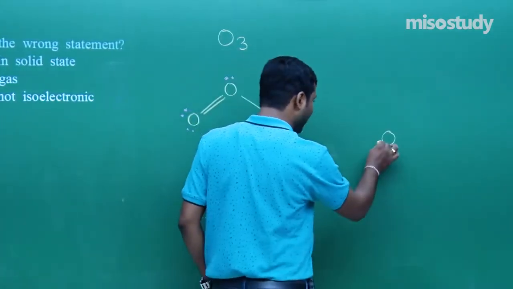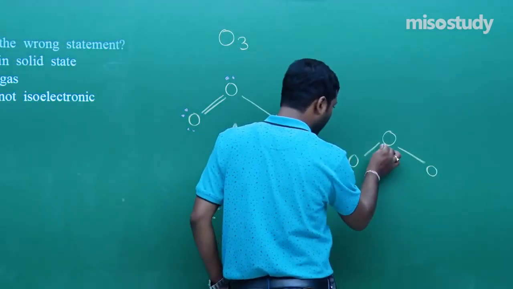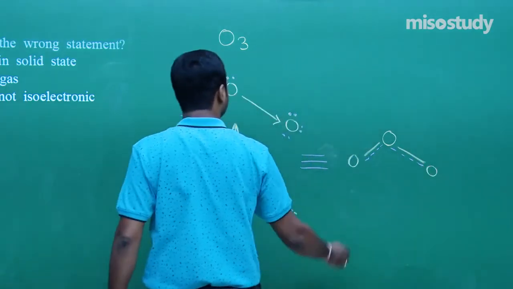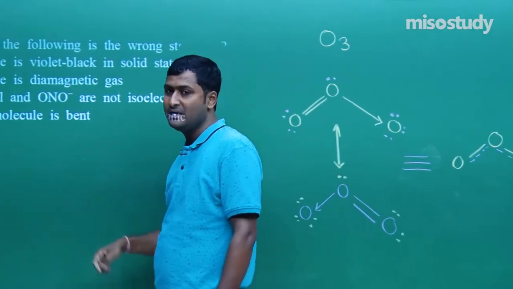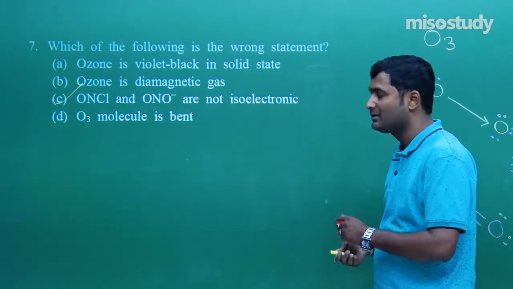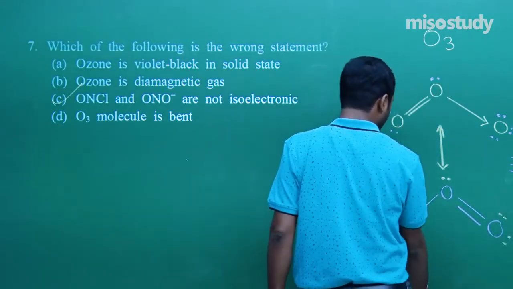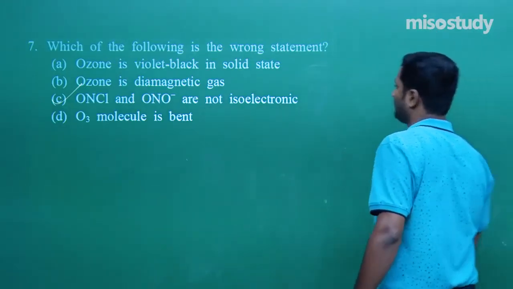Clear friend? Then here is O, then here is O. This is the resonating structure. So all options are correct except C. So the wrong statement is C. Clear friend? Now I think you can easily solve such kinds of questions. Now let's move to the next segment, but give me a few seconds friend, so that I can rub this part.